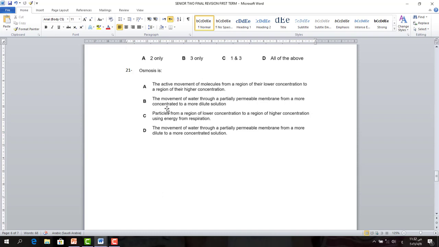Concentrated means more solids than water. Dilute means more water than solids. So no to particles; movement of water, yes. So osmosis means movement of water from a more dilute to a more concentrated solution.